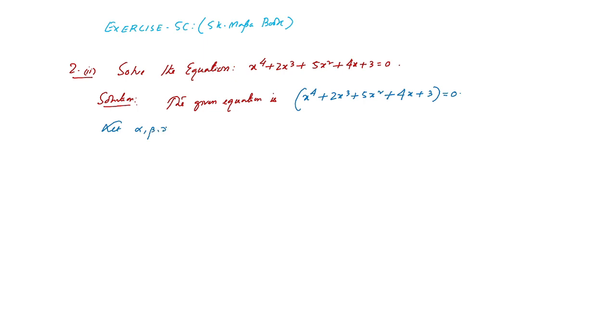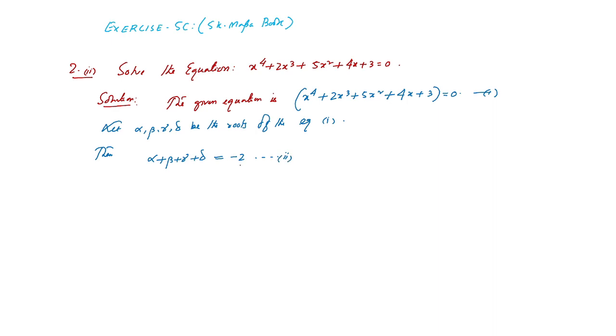Let alpha, beta, gamma, delta be the roots of this equation, equation 1. With the help of the relation between roots and coefficients, what will we write? Alpha plus beta plus gamma plus delta will be minus 2 by 1, so this will be minus 2.